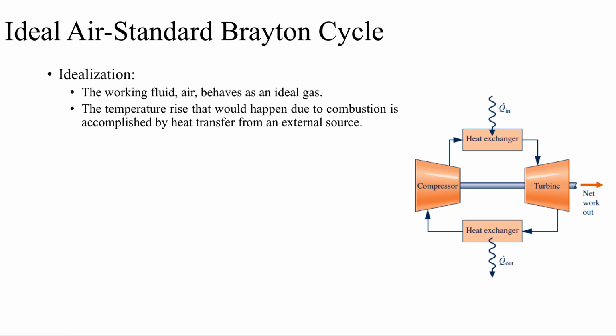And the second is that the temperature rise that would happen here because of combustion, instead of looking at the combustion products and the reactions, we just identify it by a heat transfer taking place through an external source, so heat being added into the heat exchanger instead of looking at the combustion chamber and its products.